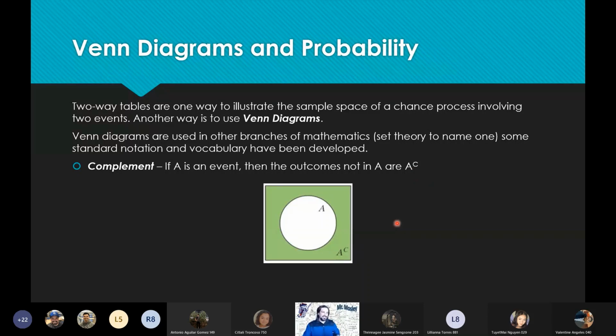And we can illustrate this using a simple Venn diagram, where the box here represents the entirety of the sample space. We have event A as the circle. Everything outside of our circle is not in A and is therefore A complement. This is almost like a visual representation of the definition.